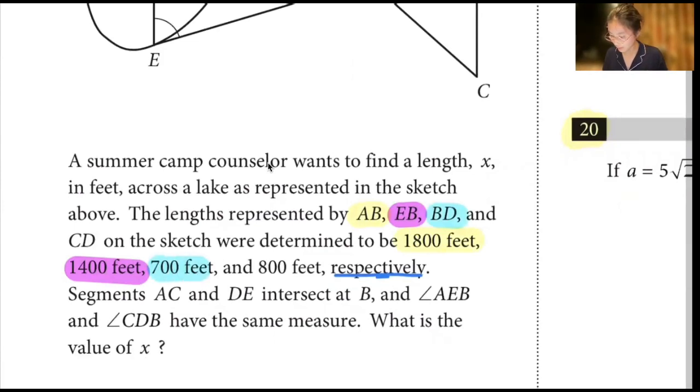And last but not least, CD is going to be 800 feet. So respectively shows them in order. If you're rushing through these problems, you might make a careless mistake, and you would want to avoid that. So make sure you mark it somehow or just read it carefully.